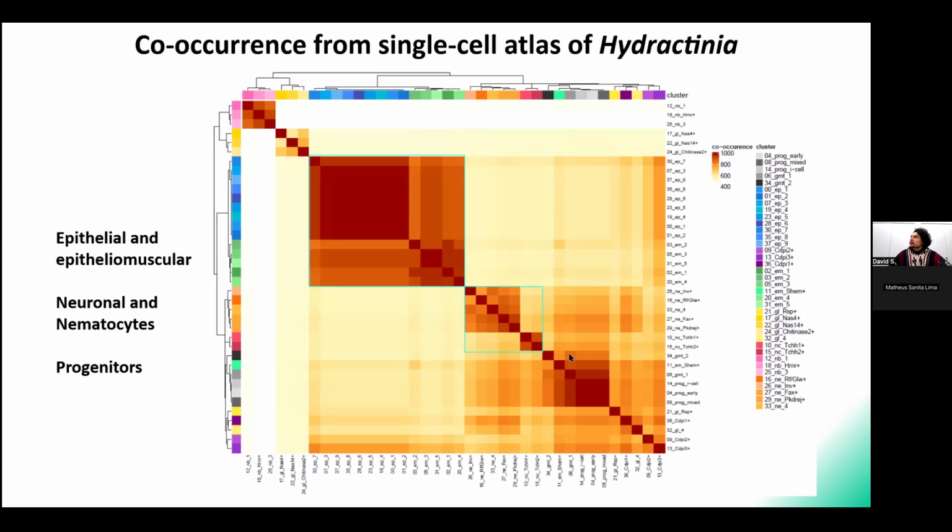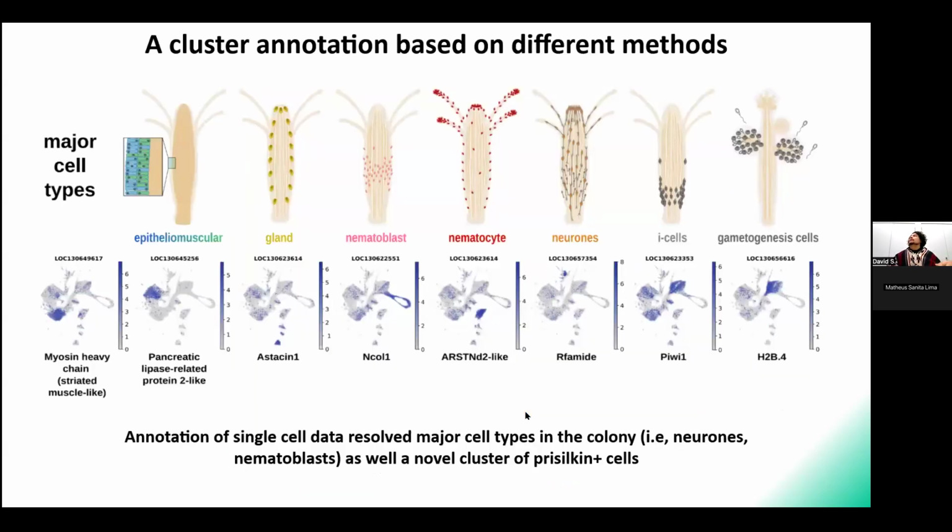And we see that the progenitors, so the stem cells, the progenitors of the gametogenesis, are on their own here, basically. So all this helped us classify and validate all these cell types into these 38 clusters, and it helped us to resolve the major cell types in the colony.